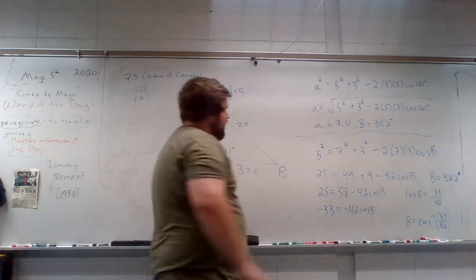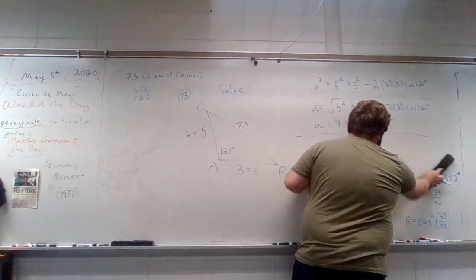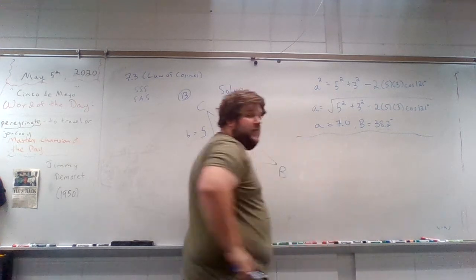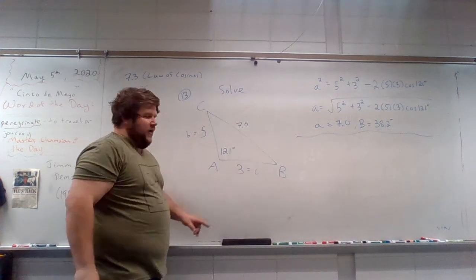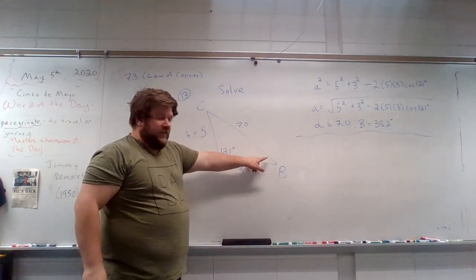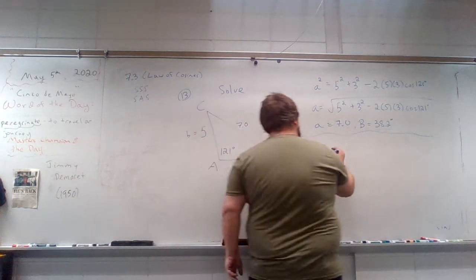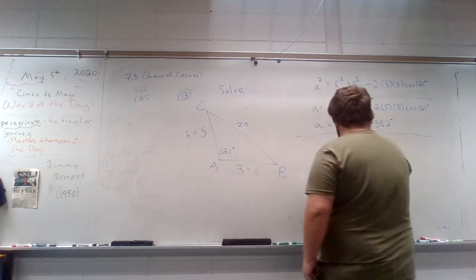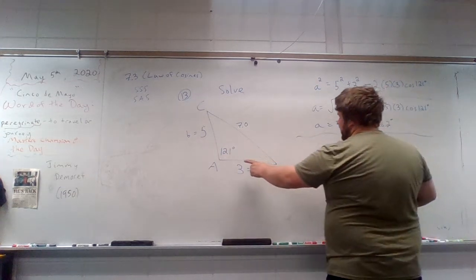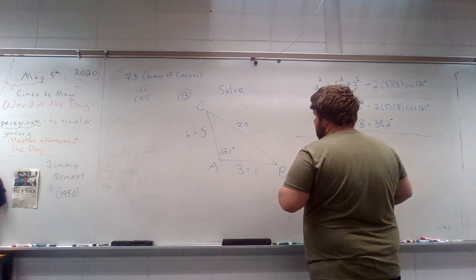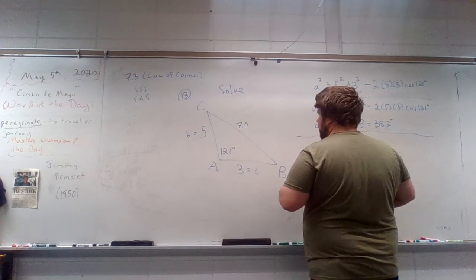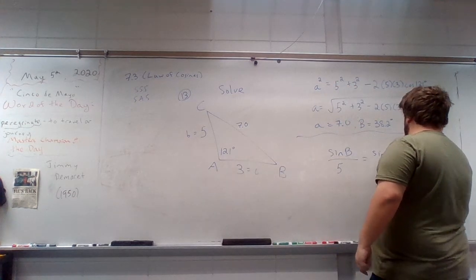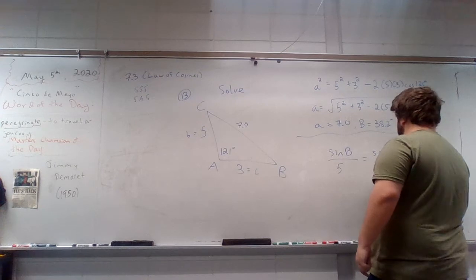So the other way I can do it is to go through and use law of sines to find big B. So if I was going to use that, I could do, say, sine of B over 5 is equal to sine of 121 over our newly found 7.